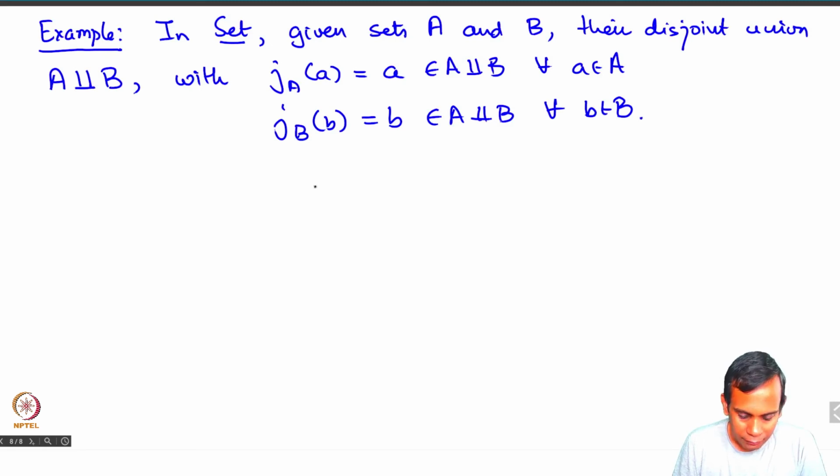Note that we have this universal property, so let's check that this meets the criteria for being a coproduct.